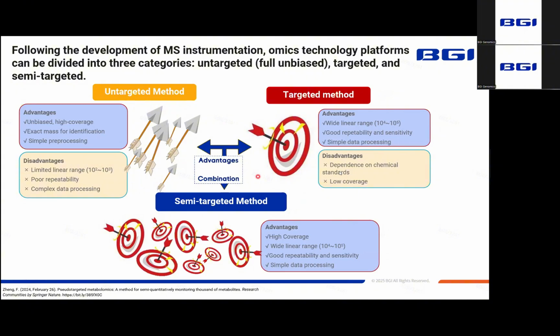And semi-targeted metabolomics bridges the two. Using a pseudo-targeted MS method, we achieve wide coverage with improved quantitation, ideal for large-scale cohort studies. So discovery, quantification, and throughput are all balanced in one box.